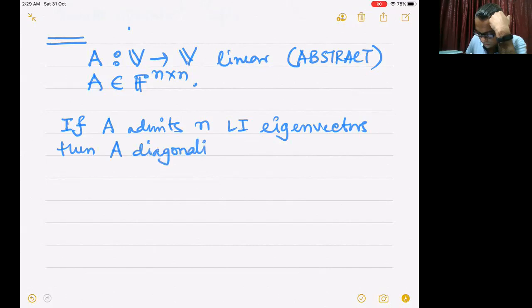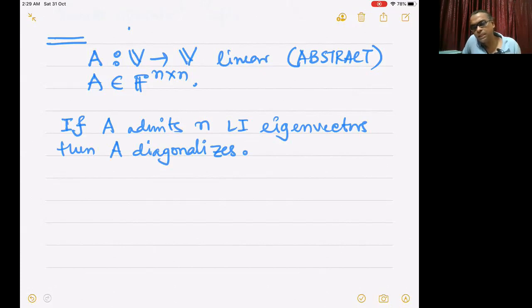That means if you're viewing A as a matrix, then there exists a matrix T whose columns are precisely these linearly independent eigenvectors. In that case, T inverse AT will be a diagonal matrix.